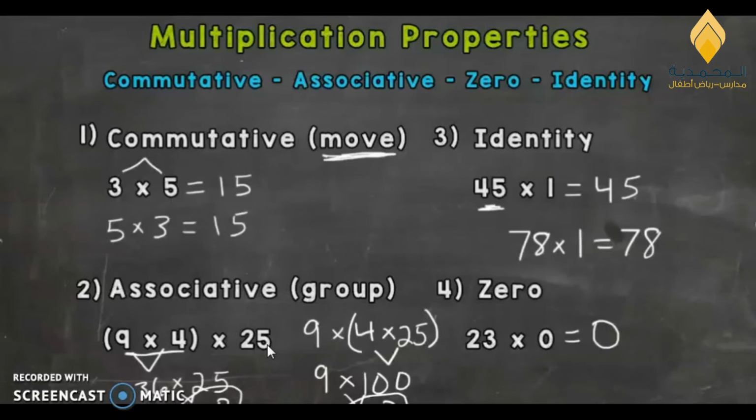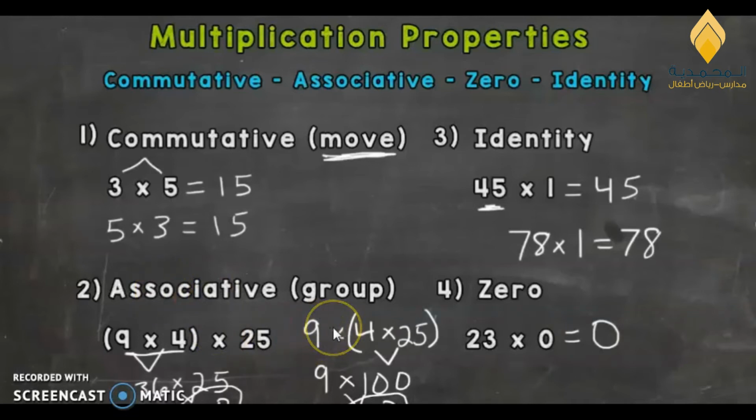Grouping the numbers helps us to do this problem mentally, without using paper. Because 9 times 4 equals 36, times 25, we cannot do the product mentally.